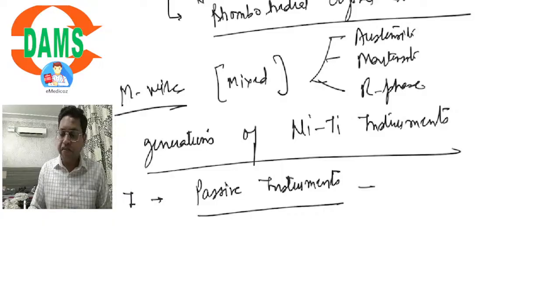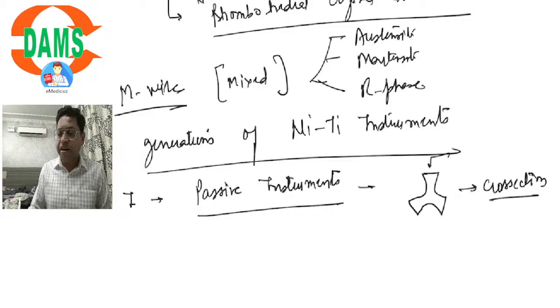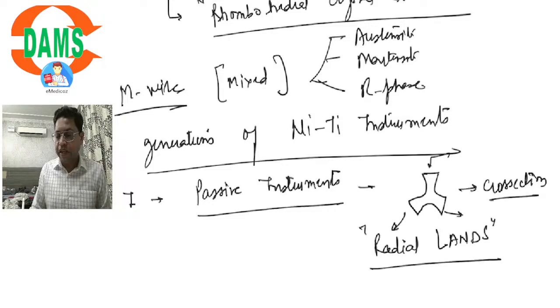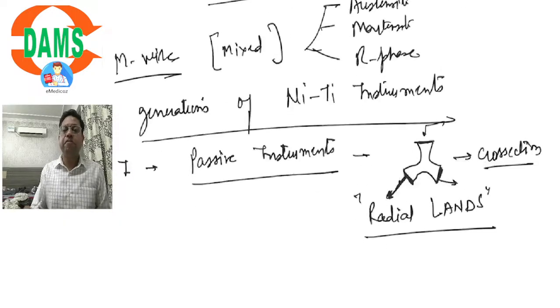If we look at the cross section of passive instruments, it is sometimes depicted like this. You can see the blade edges are blunt, and these blunt, flat edges of the blade are called radial lands.